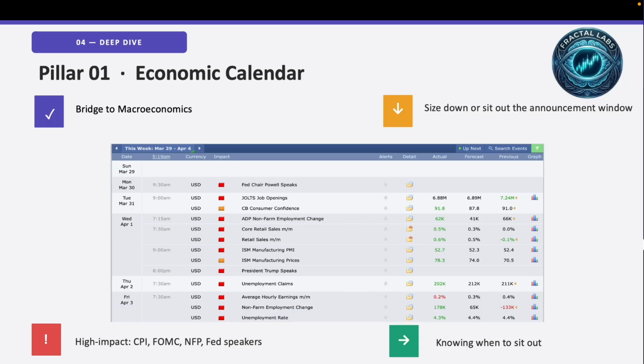So first of all, why is the economic calendar important? This is a bridge between your chart, your price action over time printed in candles, and your macroeconomic data that come out periodically, and they're used for measuring the pace of the economy from many different sectors and perspectives.